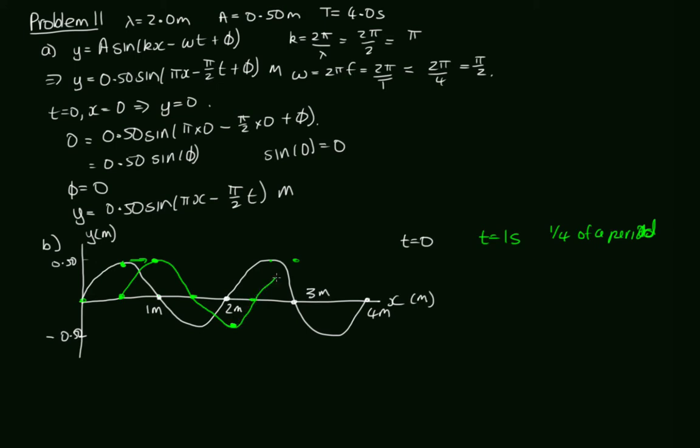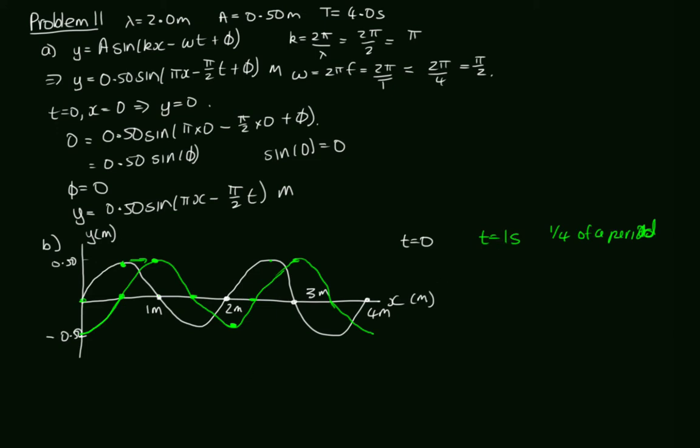Not a very neat diagram in the first place, but it looks like that, and then we start down here. So that shows us our wave at t equals 1 second.